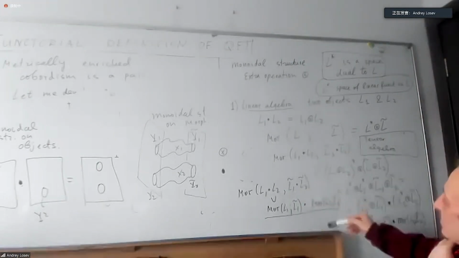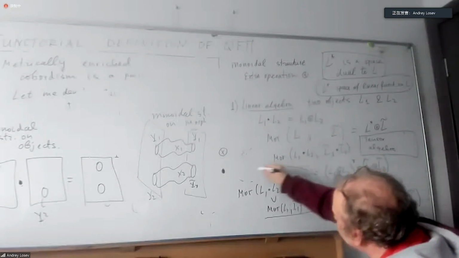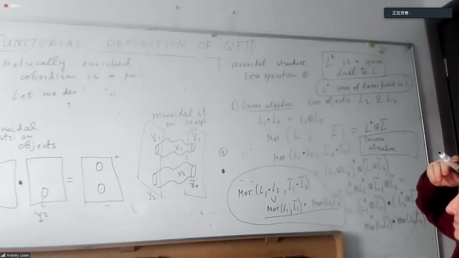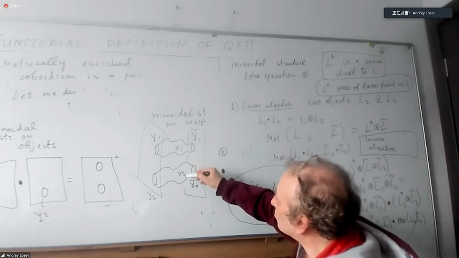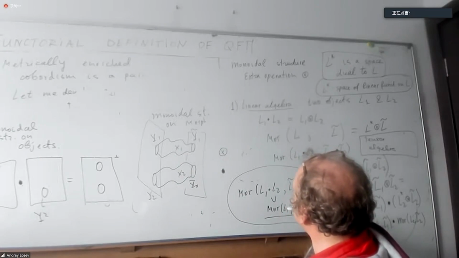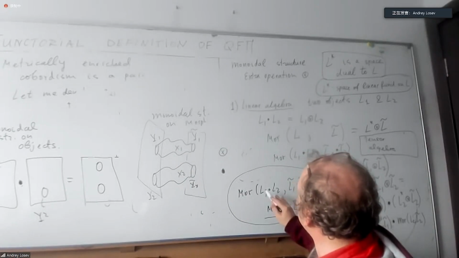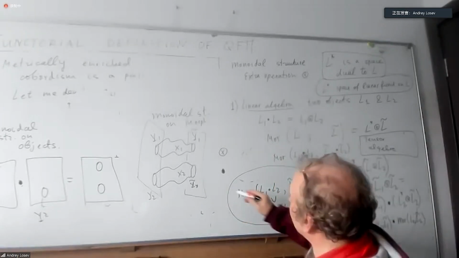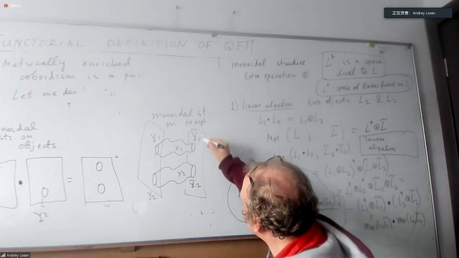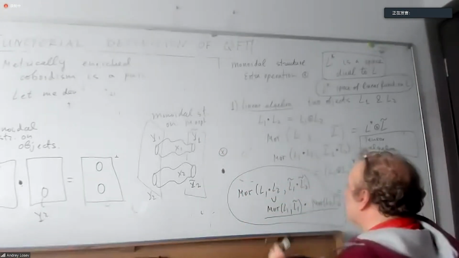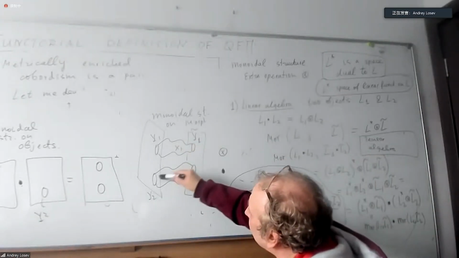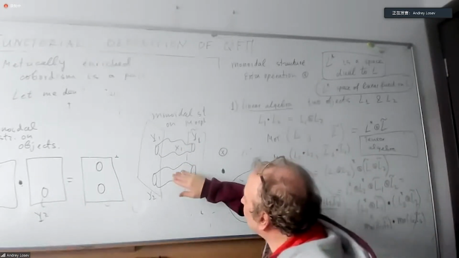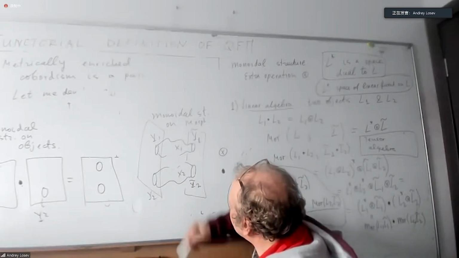But in general, it's like this. So here, x1 and x2. So let me make notations. Yes, notations are fine. So morphisms between these two and these two actually contain this and this. But there are also other morphisms of such type.